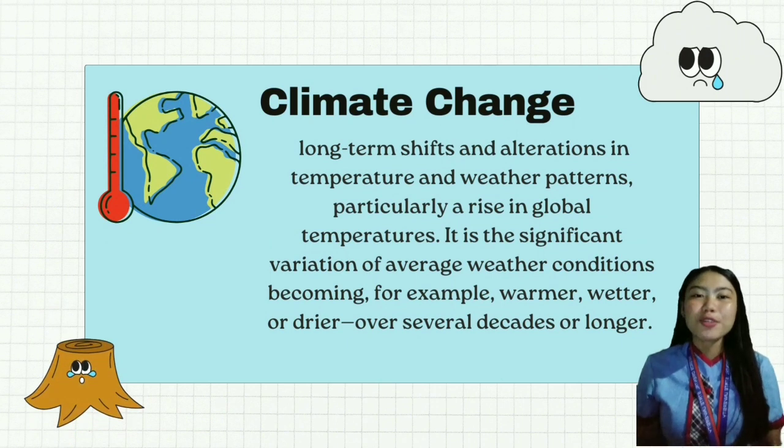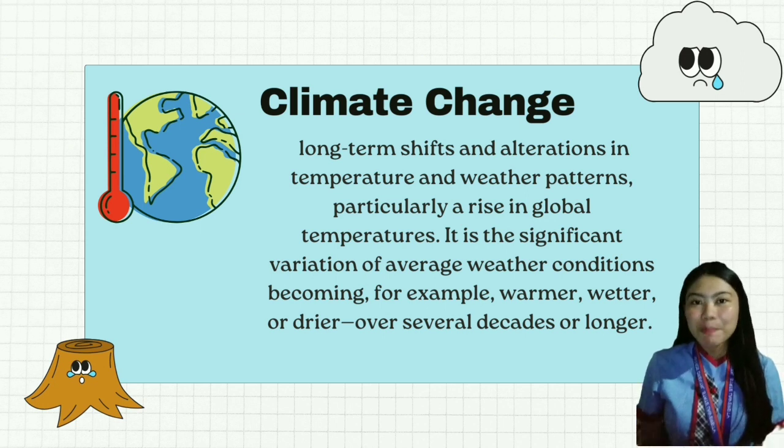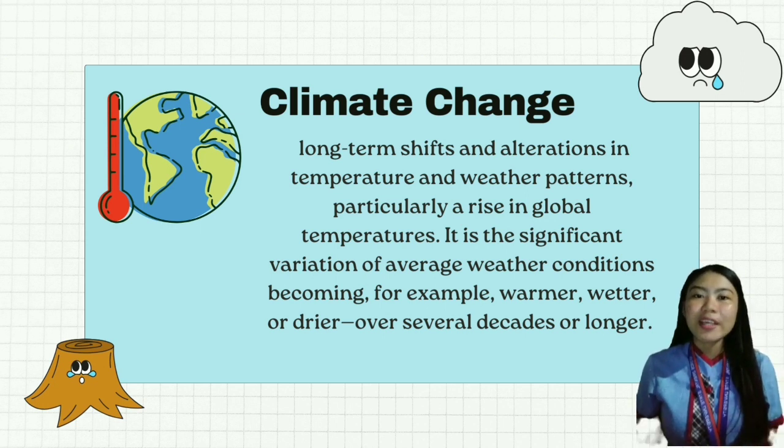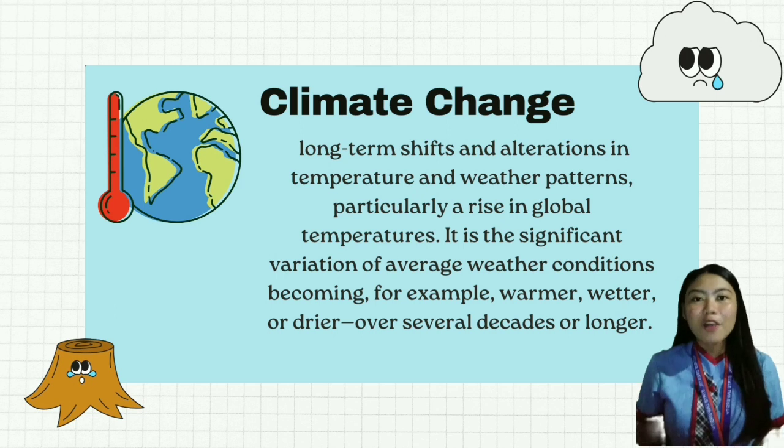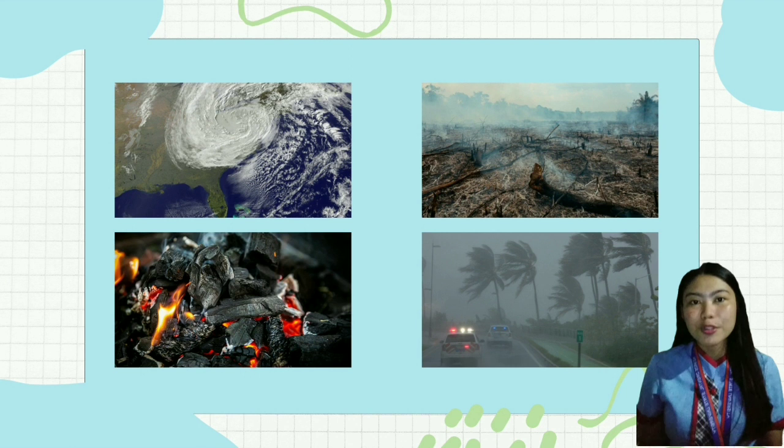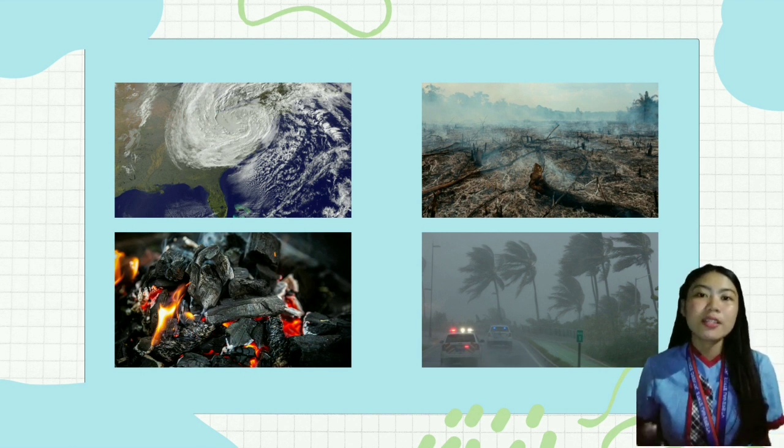Climate change refers to long-term shifts and alterations in temperature and weather patterns, particularly a rise in global temperatures. It is the significant variation of average weather conditions becoming, for example, warmer, wetter, or drier over several decades or longer. Climate change has been a global concern during the last few decades, and up until now, this issue is still unsolved.